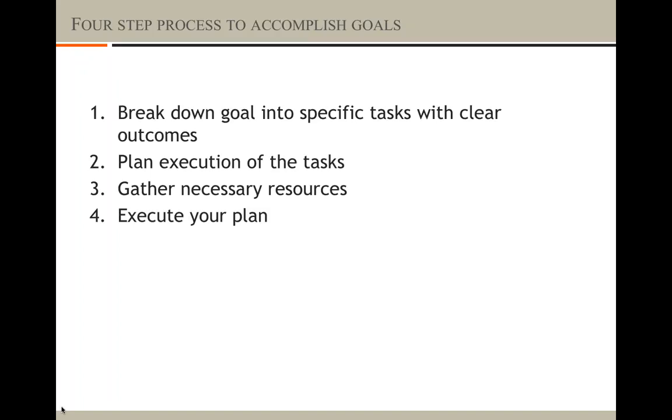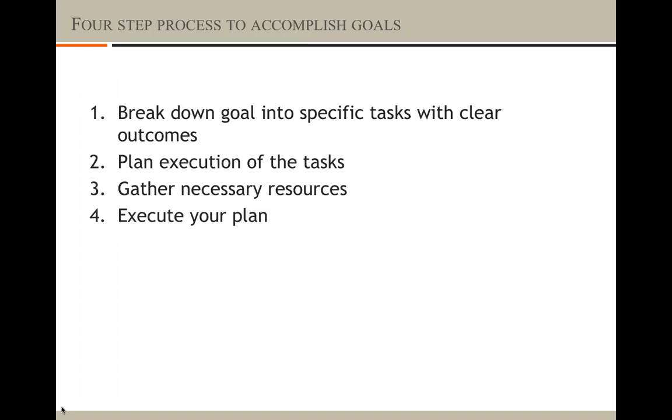Okay, so now let's move on to the four step process for goal accomplishment. So what is that four-step process? There are four bigger things. One is we have to break down the goals into specific tasks. Breaking down the goals into action items is very important, and then attaching those action items with specific timelines. This is also very important.